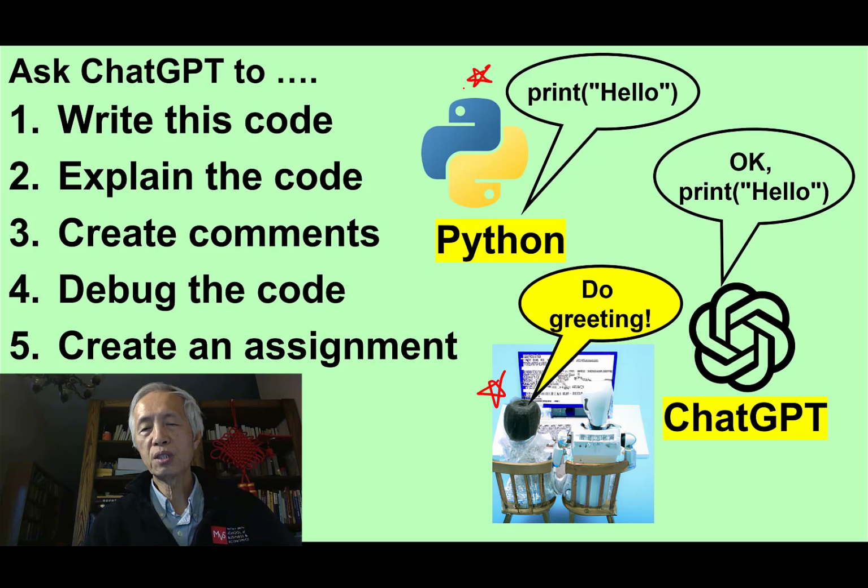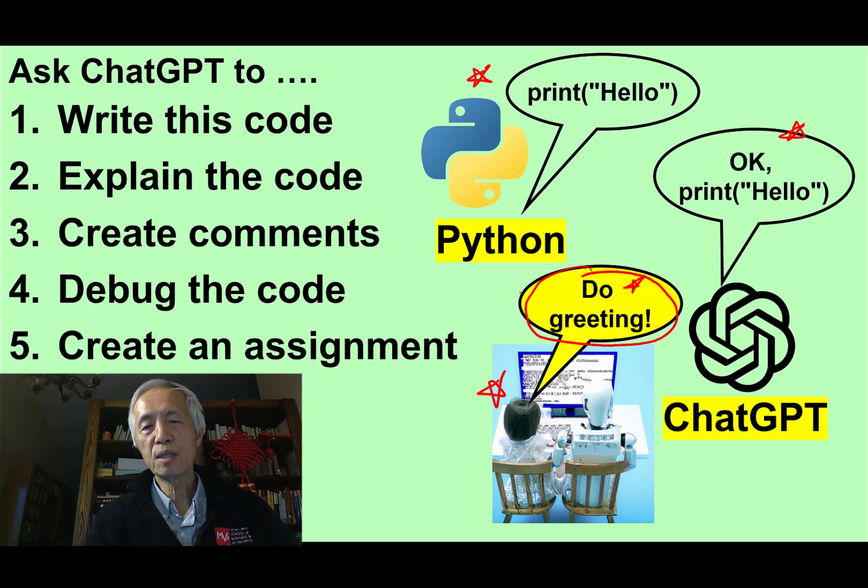You can use ChatGPT as an intelligent kind of tutor. So for example, you can ask ChatGPT and say, can you do greeting in Python? And ChatGPT can say, yeah, sure. ChatGPT is actually very willing to figure out what you want to do, but certainly you want to give as clear a prompt as possible.